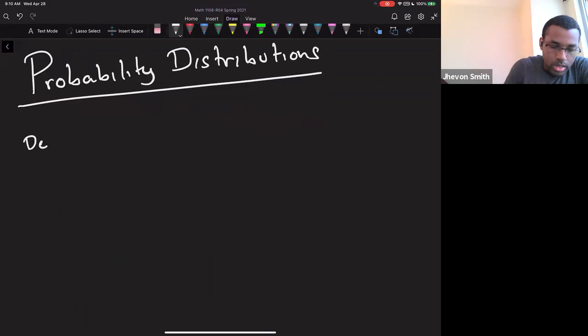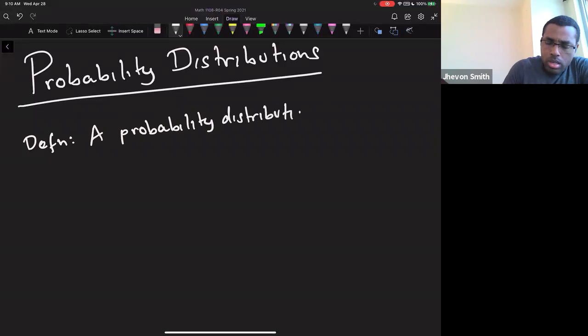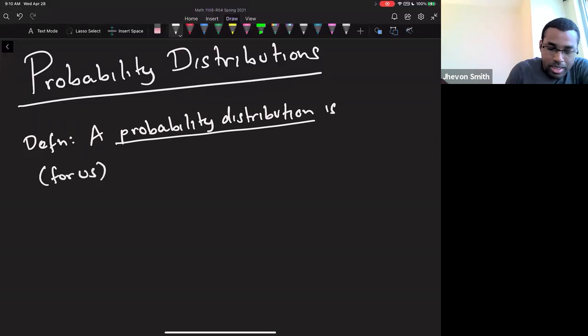Let's give a definition here. A probability distribution is, for us, a table.